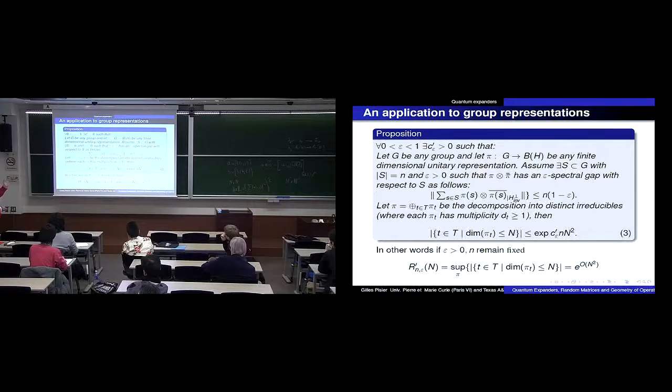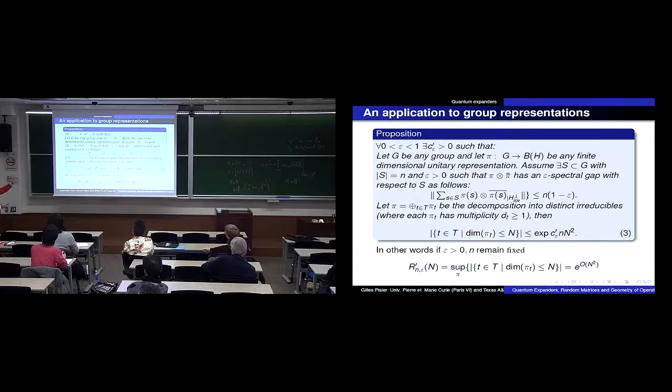Okay, so the situation is this. We now can freeze things like that. We look at any group, and we look at a finite dimensional unitary representation of this group G. That could be a finite group, and we could consider the left regular representation on this group.